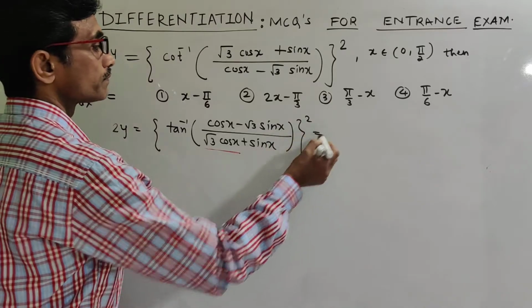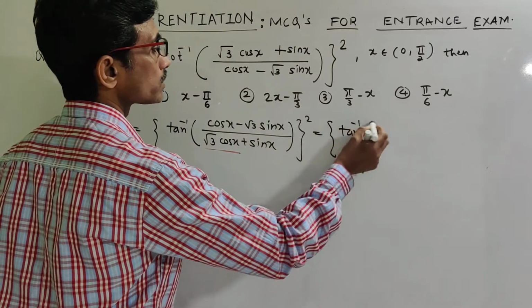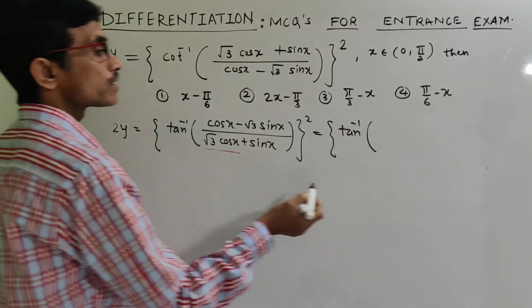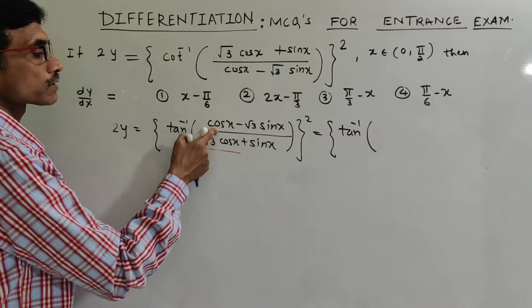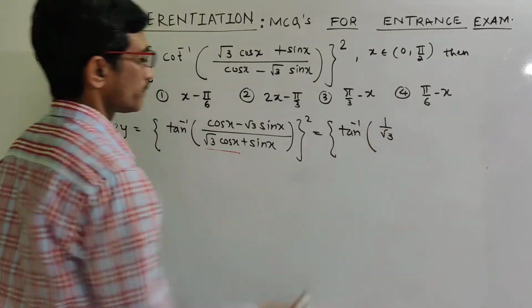So this will be tan inverse of, we divide by root 3 cos x. This cos x will get cancelled and here it will be 1 by root 3.